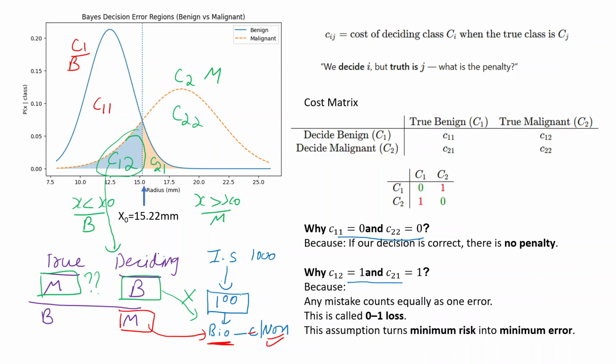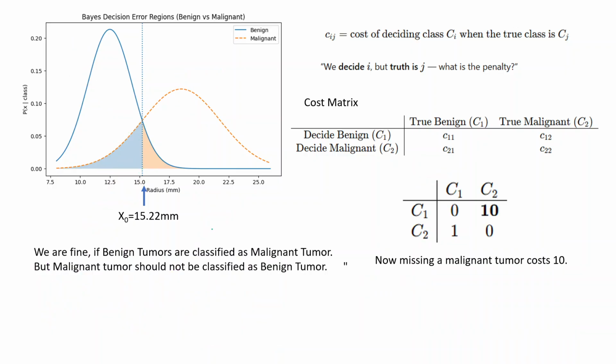If you decided malignant at the initial screening, later we can do the biopsy and make a final call. But if you decided benign and it is actually malignant, then we will miss such cases. We should not miss them. Now we have to look at whether we can shift this boundary towards this side so that we can minimize the errors further. That is the question we are going to ask. Hope you have understood what we are trying to figure out.